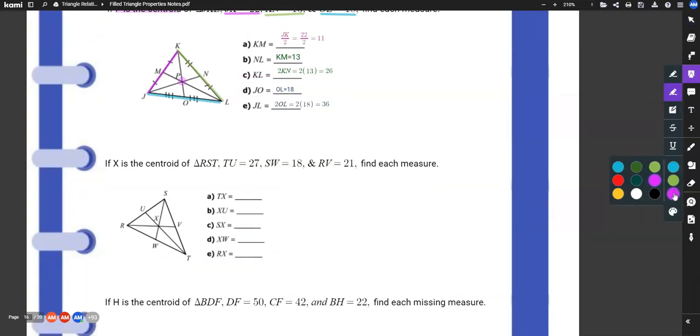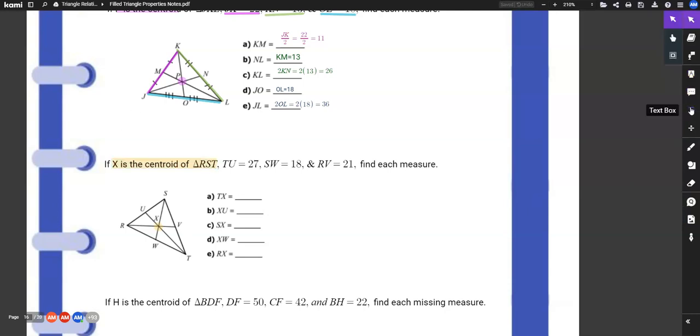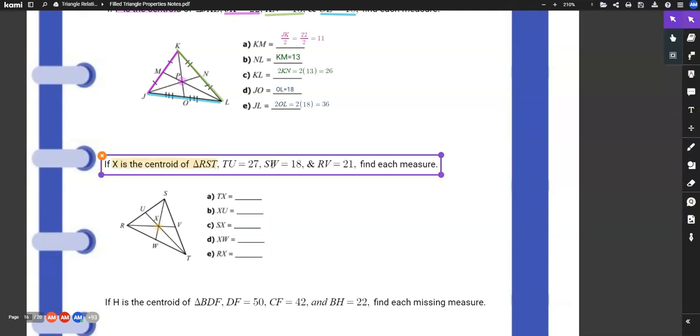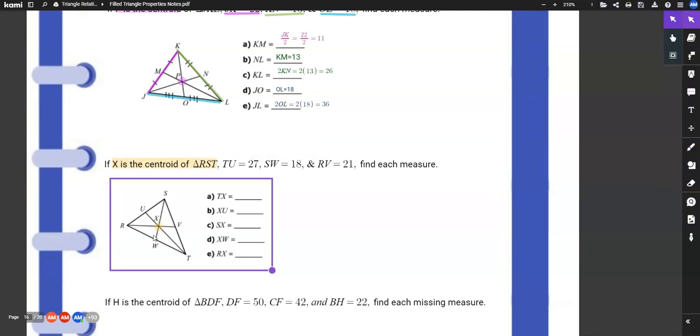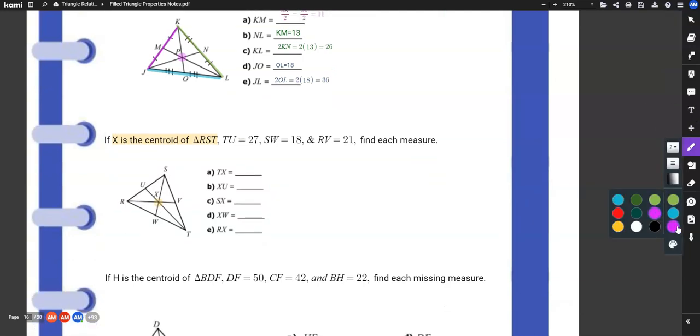Okay, for the next one, we are again given the centroid. If X is the centroid of triangle RST. So again, I'm going to go ahead and highlight my centroid directly. And let me go ahead and do it in a different color. It then goes on to give me TU, SW, and RV. So in this case, we are going to be looking at the medians themselves. So let's go ahead and highlight them.